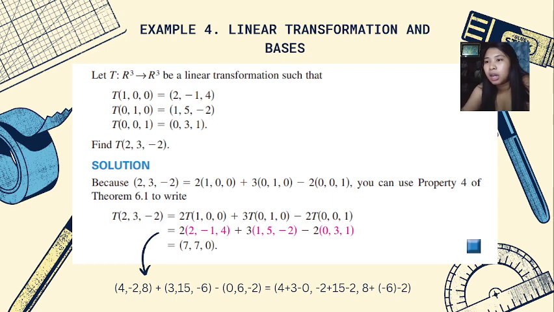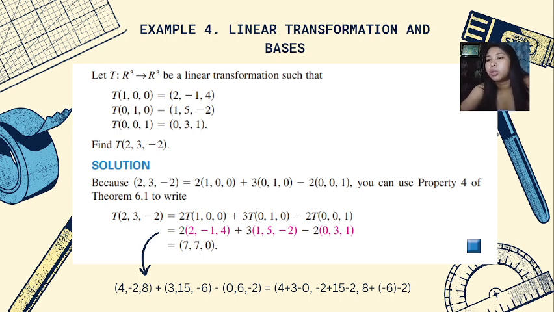And then, our value for T(0,0,1) is (0,3,1). We can write it that way. And then we can now distribute each number, or multiply each number. So we multiply the number on the outer side of the parentheses to the numbers on the inside.